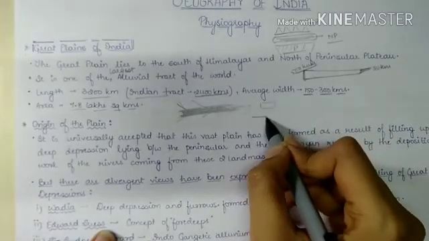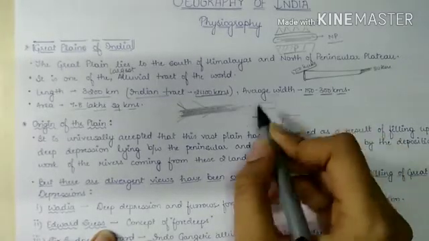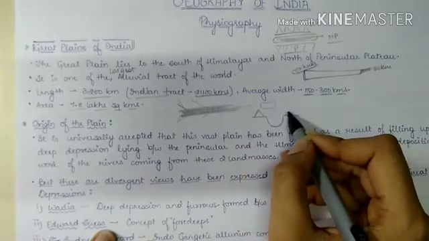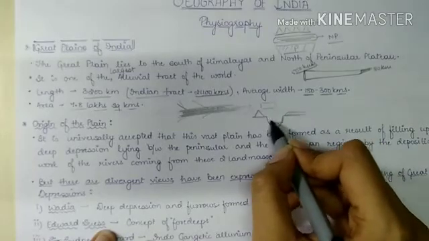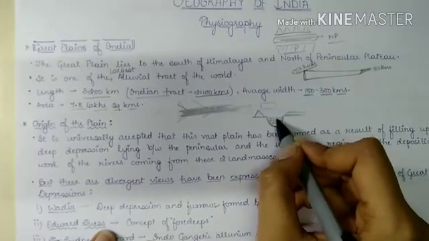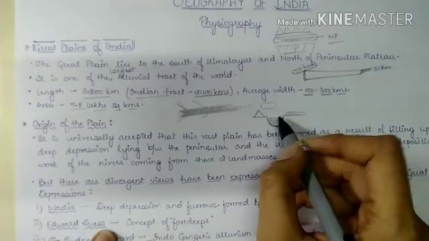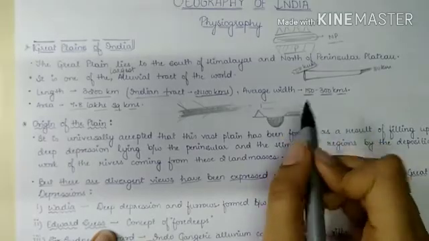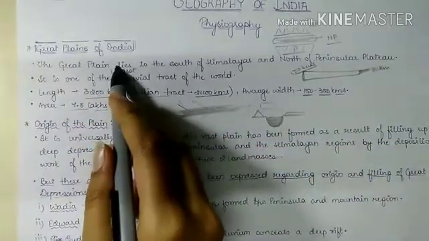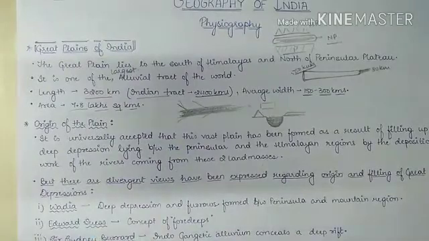There was a deep depression formed between the Himalayan mountains and the Peninsular Plateau, and this deep depression was filled with alluvium. That is what is known as the present Great Northern Plain. But divergent views are being expressed regarding the origin and filling of the Great Depression.